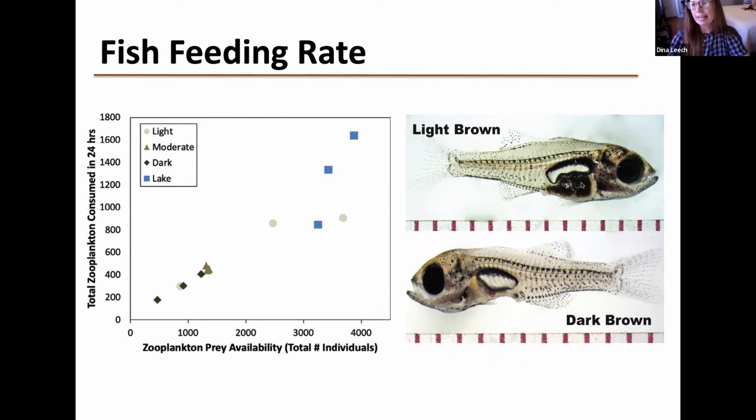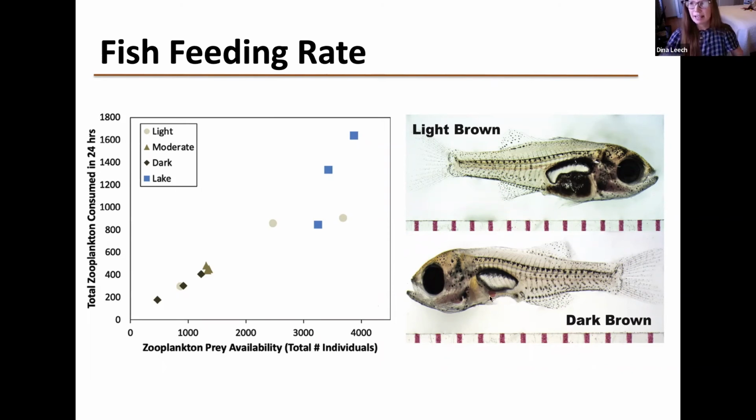And on the right-hand side here, I put a picture of two of our fish larvae from the light brown treatment and from the dark brown treatment. And I want to draw your attention to their stomachs. So notice that in the light brown treatment, the baby bass had stomachs that were full of prey and they were doing really well. But notice in the dark brown treatment, their stomachs are actually concave here.